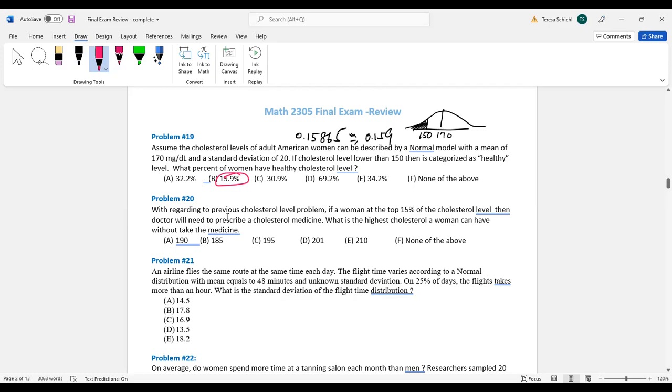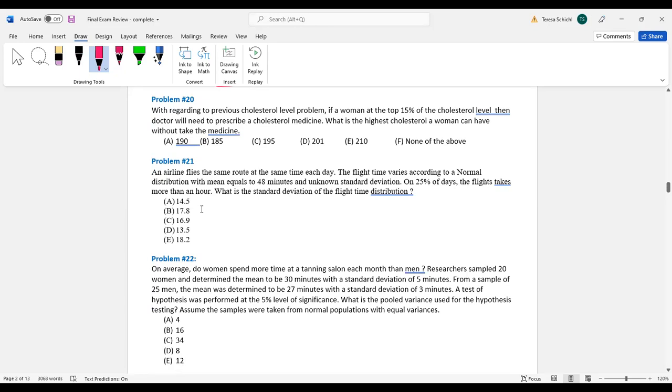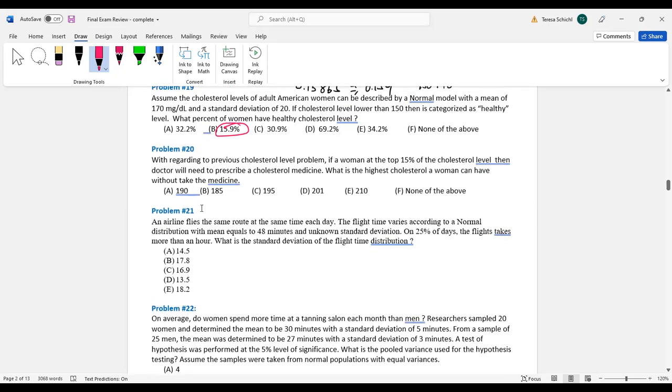Okay, now let's take a look at number 20 here. It said with regard to the previous cholesterol level, if a woman is at the top 15% of the cholesterol level, then the doctor will need to prescribe some cholesterol medicine. What is the highest cholesterol the woman can have without the medicine? In here you draw a picture again.